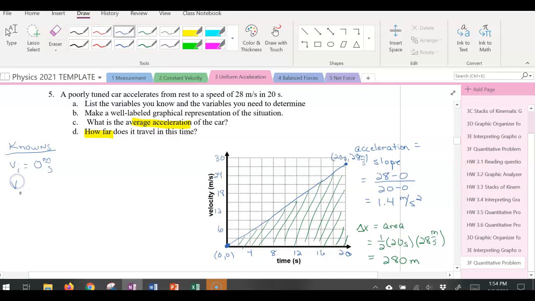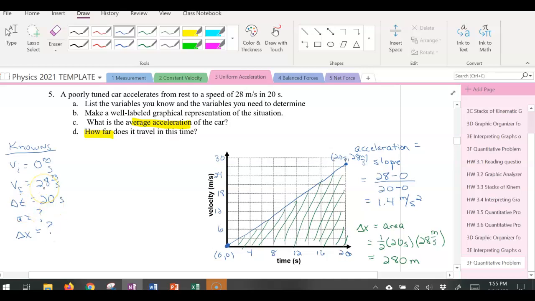And I know that the final velocity is 28 meters per second, and I know that the amount of time that it takes to change the velocity is 20 seconds. Okay, and the things that I don't know are acceleration and displacement.